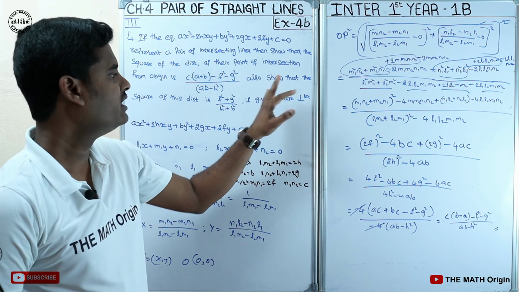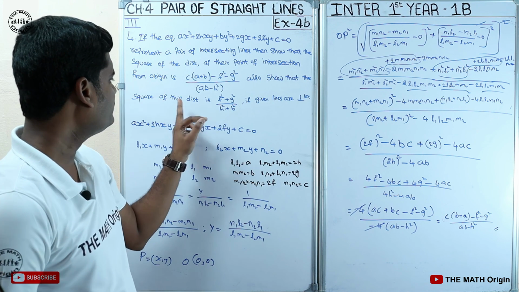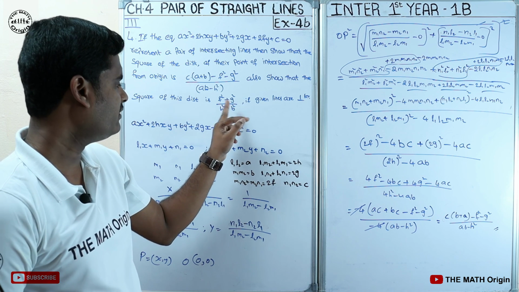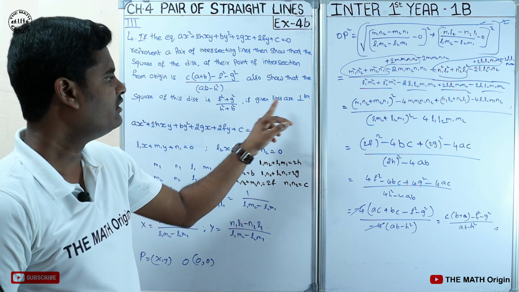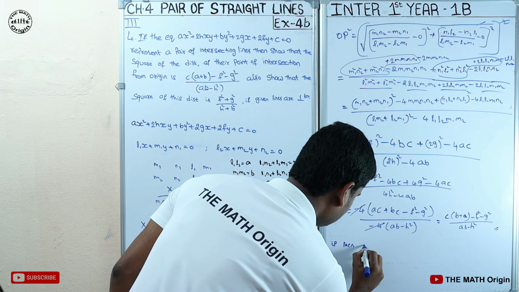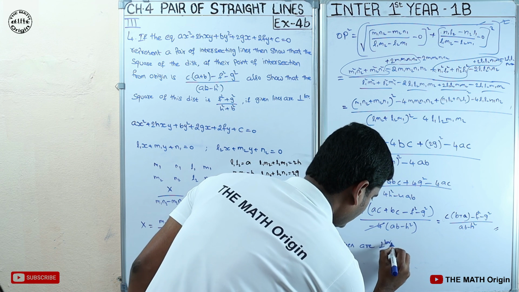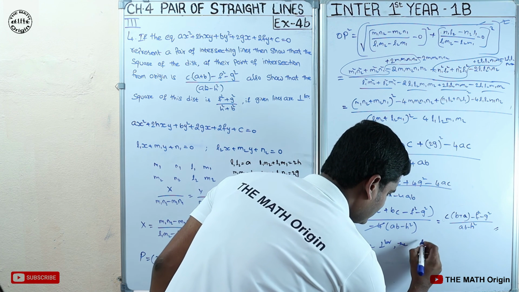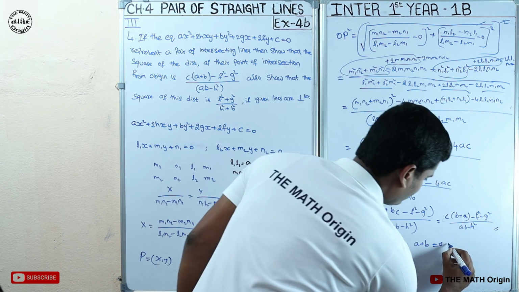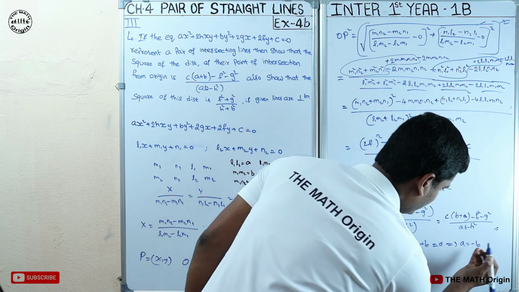We have proved it, and I can also show that the square of this distance is f square plus g square by h square plus b square, if it is a perpendicular lines. If lines are perpendicular, then the sum a plus b is 0. From this I can say a is equal to minus b.